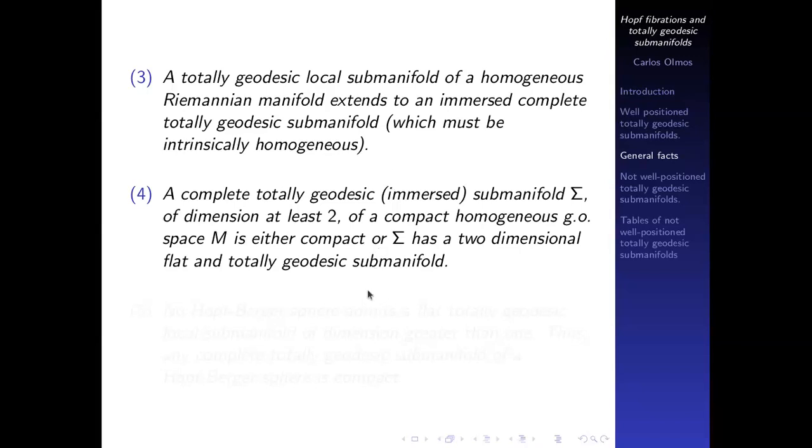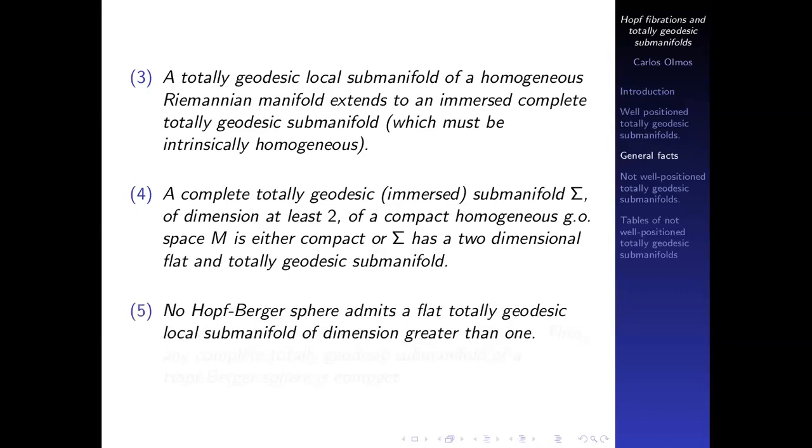For example, in a closed geodesic, you get this example. Essentially, a totally geodesic submanifold is compact, or there is a two-dimensional flat and totally geodesic submanifold in the ambient space. No Hopf-Berger sphere admits a flat totally geodesic submanifold.